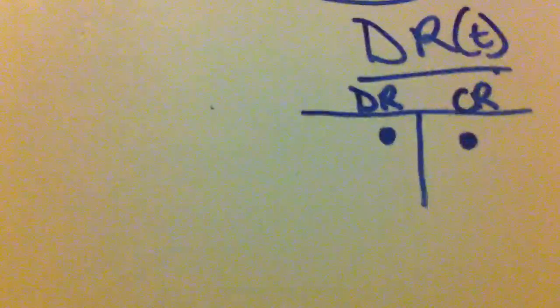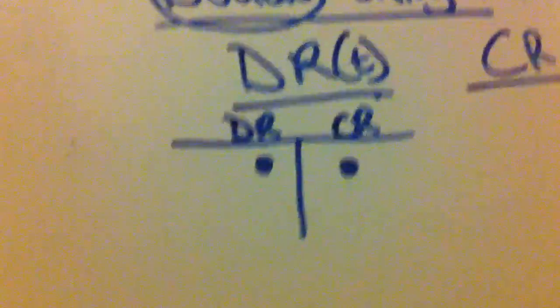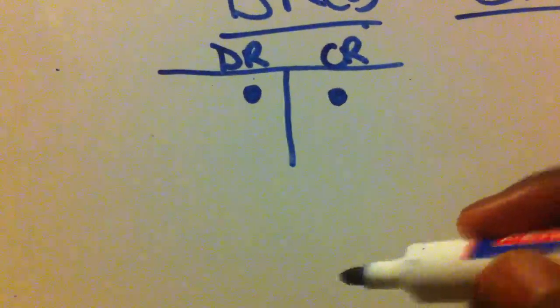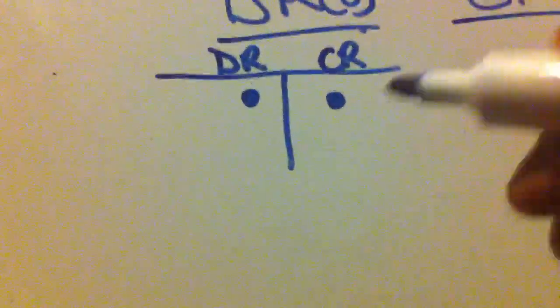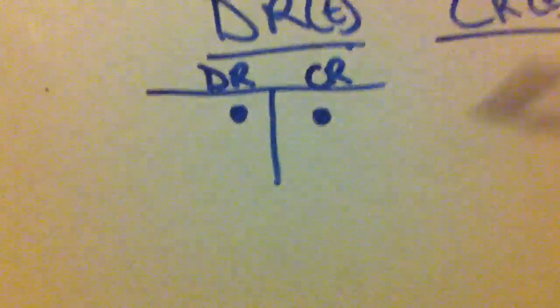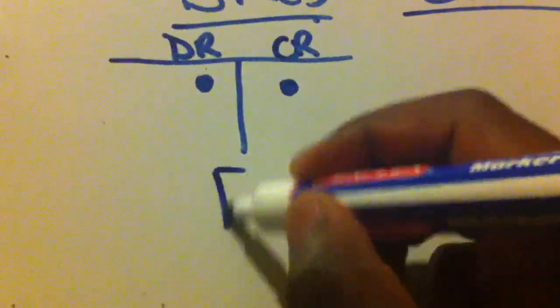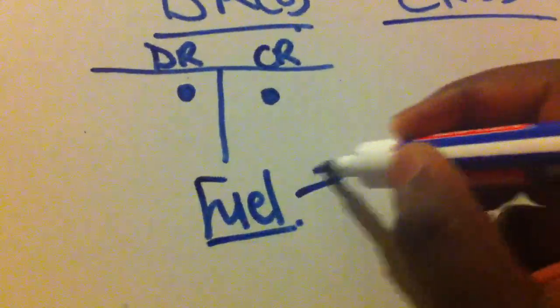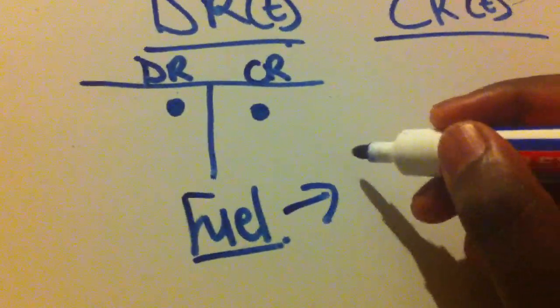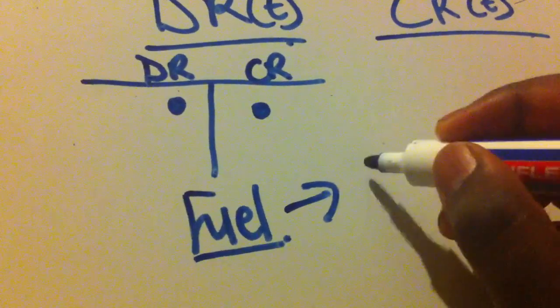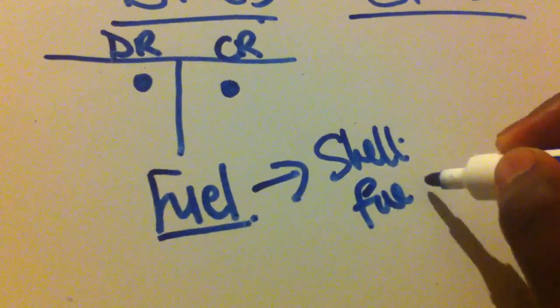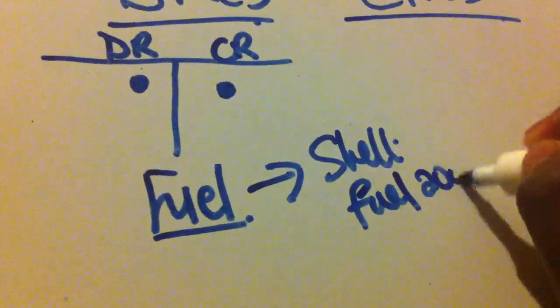Let's give each other an example. Say you go to work on a daily basis, and you have your own car. Obviously, what do you need? You need fuel. So you pull up at Shell Garage and buy fuel for 200.